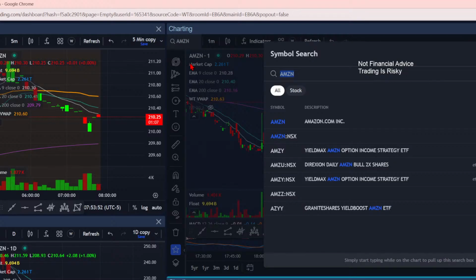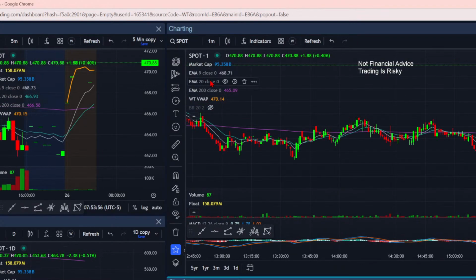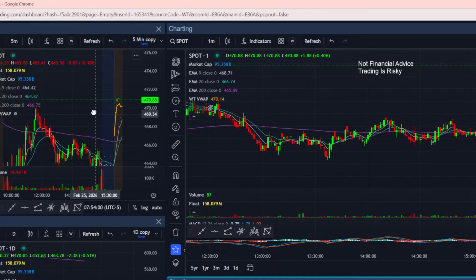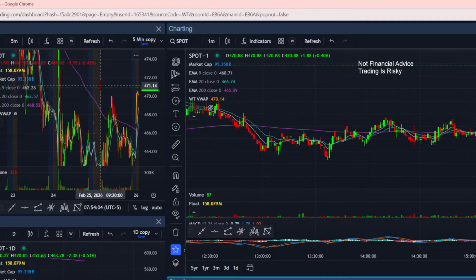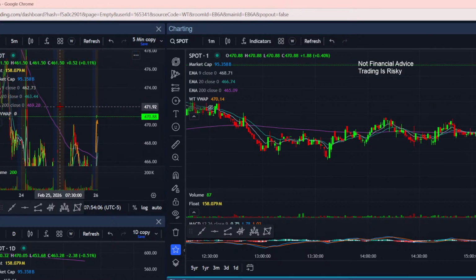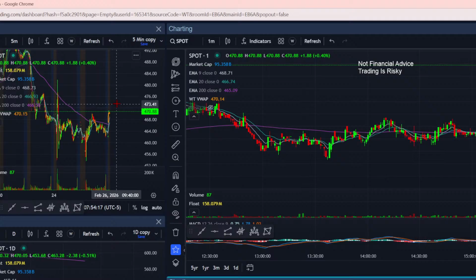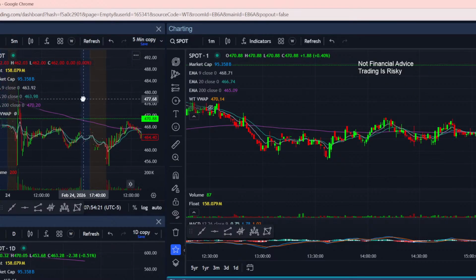So SPOT, and then you could actually look at this and be like, that jumped up from 462 to 470. That's like an 8 point move. Some people use points. I like using dollars. So that's an $8 move. Or pips. People say pips, points, call it what you want.